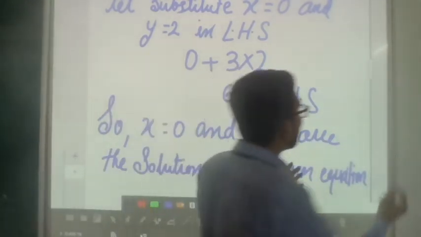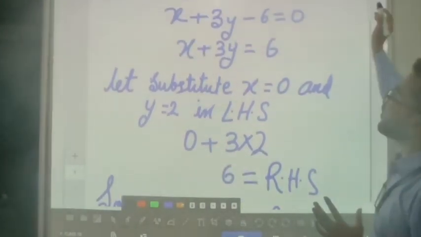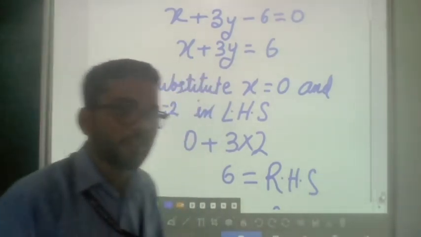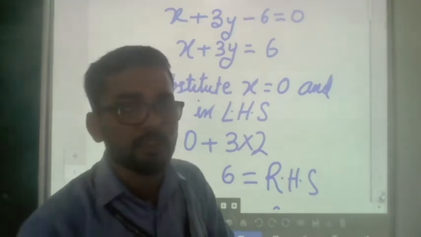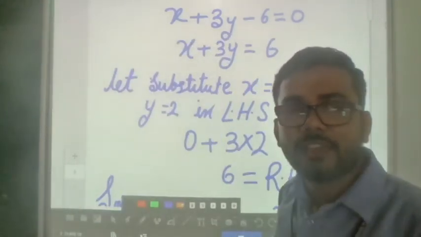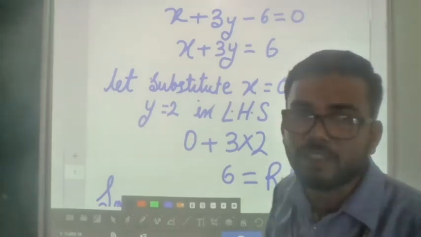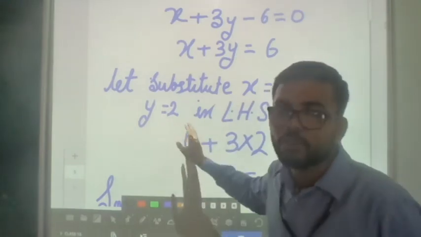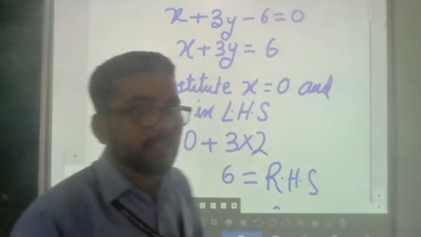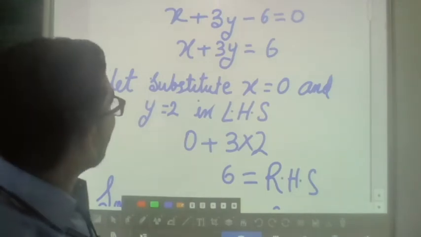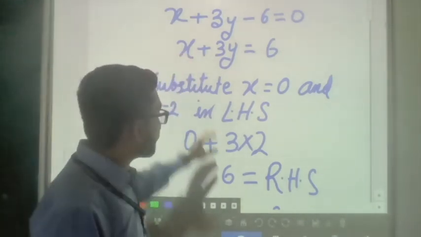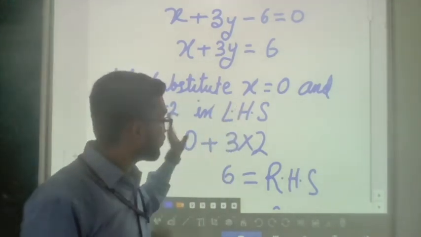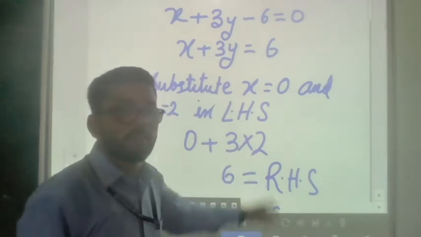If we take an equation and put some values of the variables, x and y, like I have taken x plus 3y is equal to 6, and we put x is equal to 0 and y is equal to 2, then we see that the value of LHS, whatever we get after putting the values of variables, is equal to RHS.